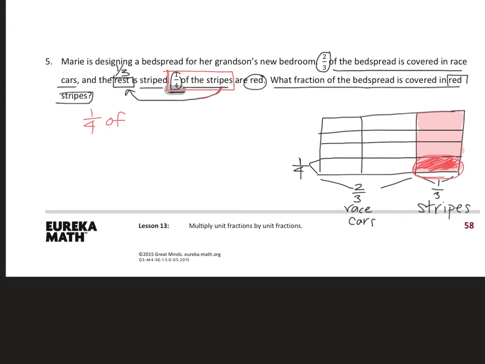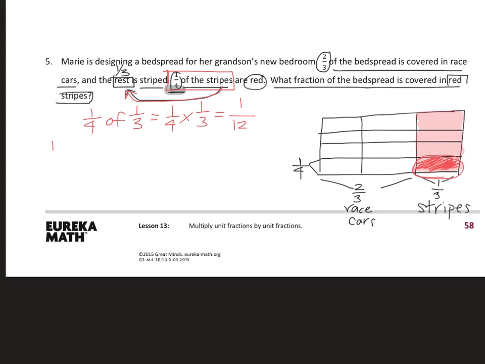Well, the stripes refers back to 1/3. And so if we change that into a multiplication sentence, we have 1/4 times 1/3, which, looking at our model, what fraction of the bedspread is covered in red stripes? Well, it's going to be 1 out of, there's 12 pieces now, so we have 1/12.